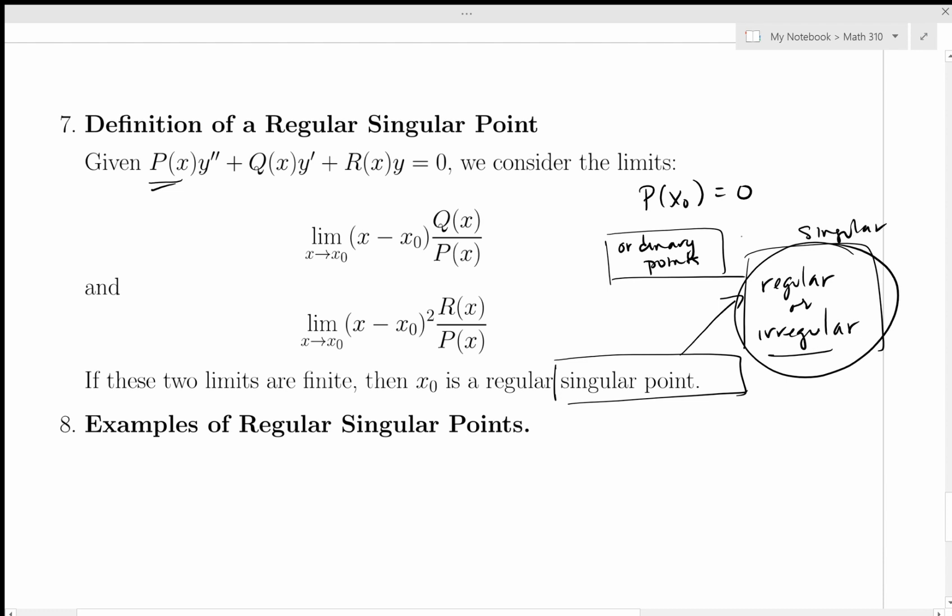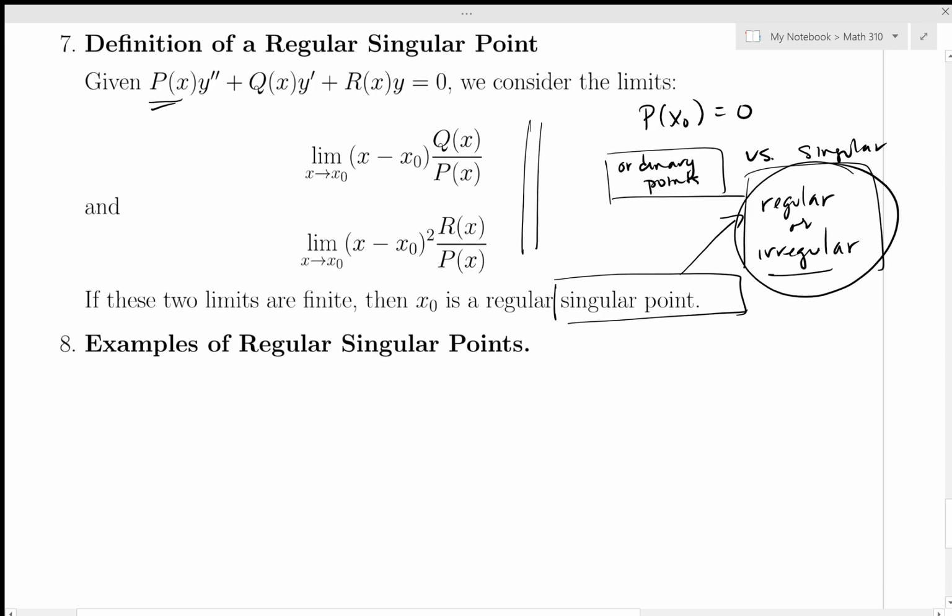That was our first distinction. And now we're seeing that once we've identified that we've got a singular point, we're going to look and see whether it is regular or irregular. This is how we're going to tell, by using these two limits. It's a little bit of a measure of how serious the singularity is. So the regular singular points are easier to handle.